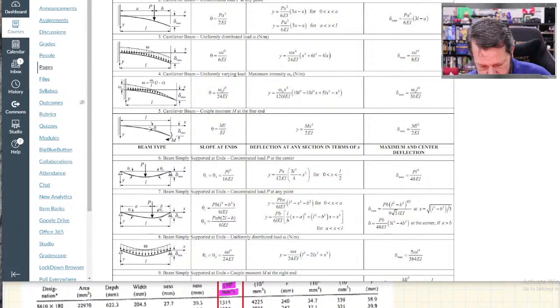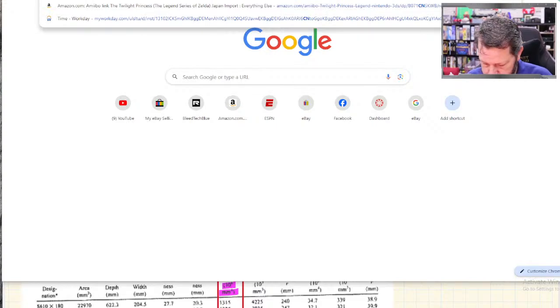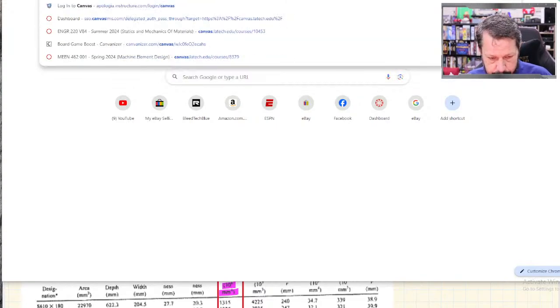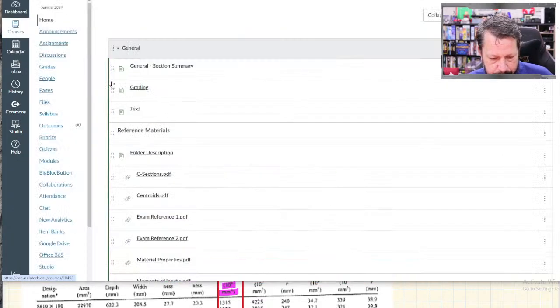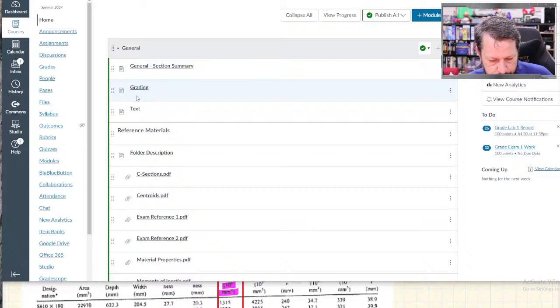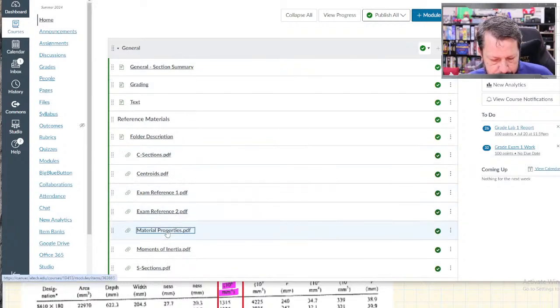Let's open up another one because I need the chart that we were using. Let's see, material properties.